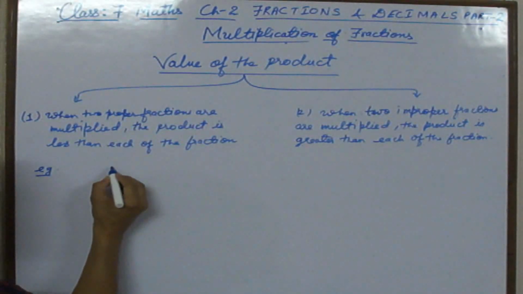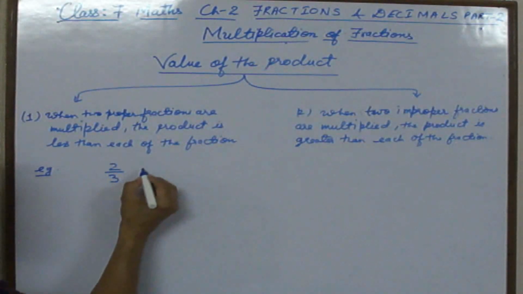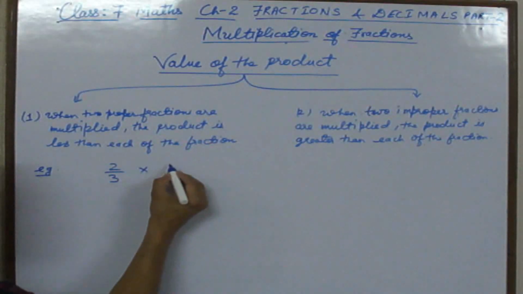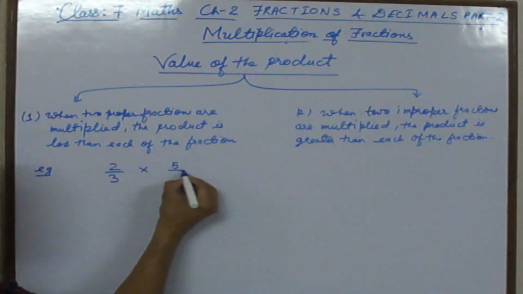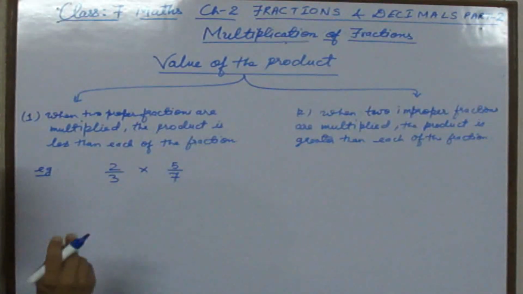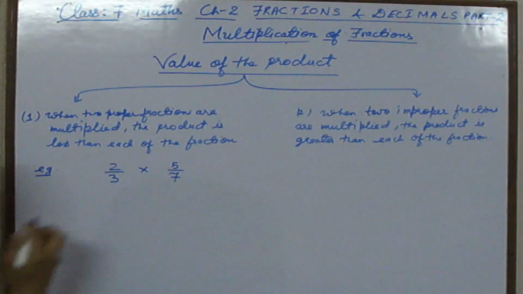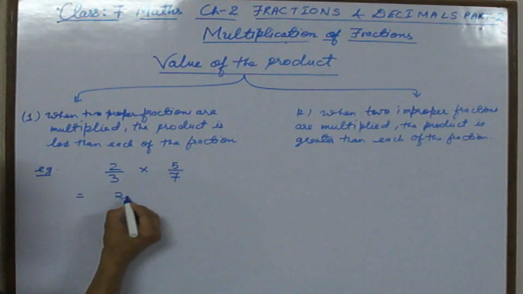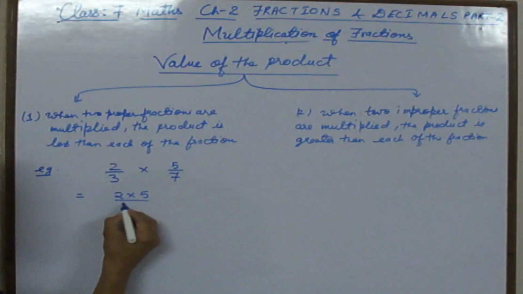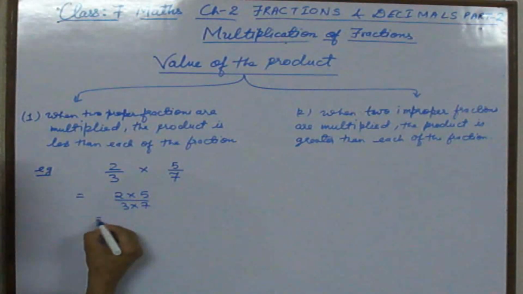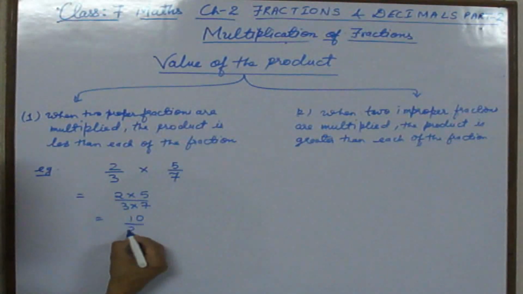Let's take two proper fractions, 2 by 3 multiplied with 5 by 7. So let's multiply. 2 into 5, 3 into 7. 2 5s are 10, 3 7s are 21. So this is the product.